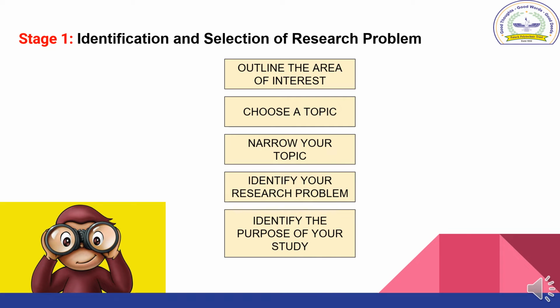Then you have to identify the research problem related to that topic, and identify the purpose of your study. What exactly are you going to do with the conclusions that you are going to get after your study? How and whom are they going to help, and what exactly is the purpose of the study conclusions?